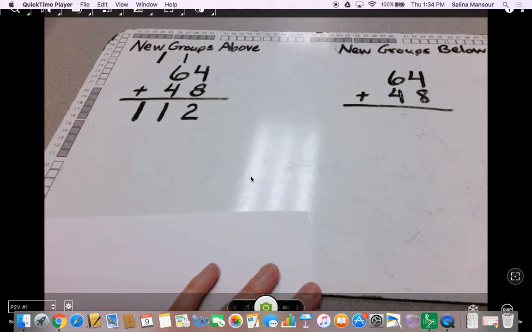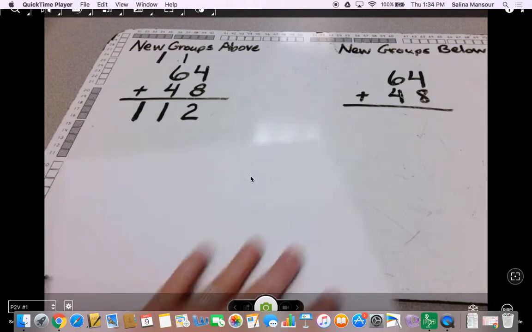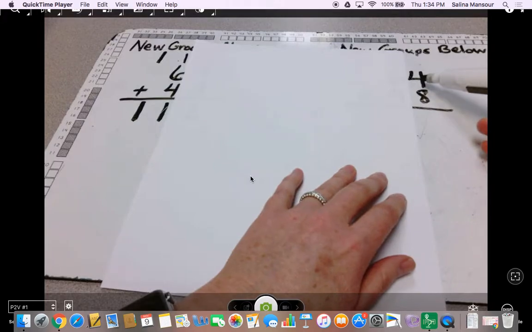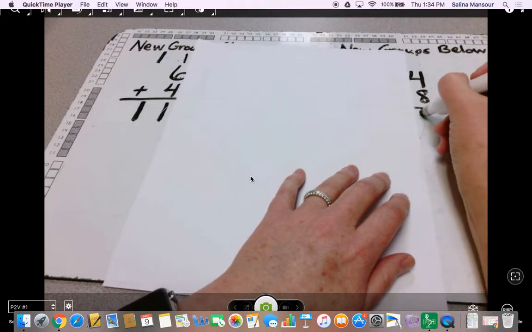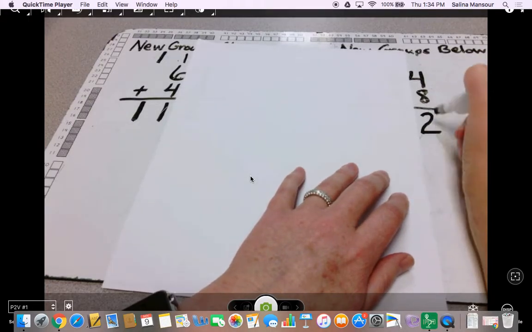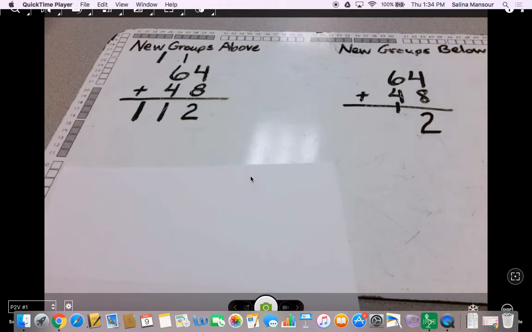So new groups below, we also start with the ones place first. So we're going to think 4 ones plus 8 ones is 12 ones. Except this time we're going to put our 2 here, and our new 10 goes right here.